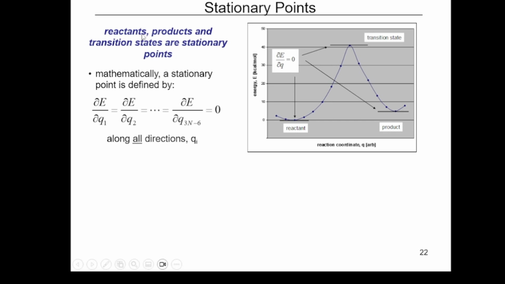We know that reactant, products, and transition states are stationary points on the potential energy surface. Mathematically, a stationary point is defined through the first derivative of energy with respect to displacement.